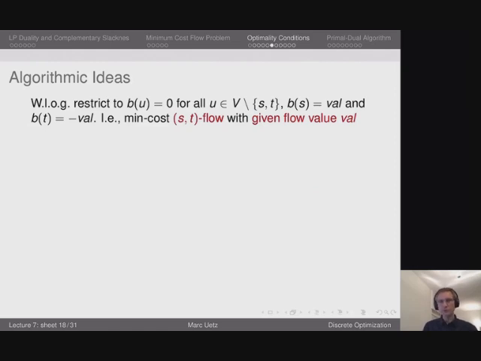So assume we have computed such a feasible solution in the first place that sends a certain flow value from S to T, but it's probably not cost optimal, right? That's the problem that we can look at without loss of generality.